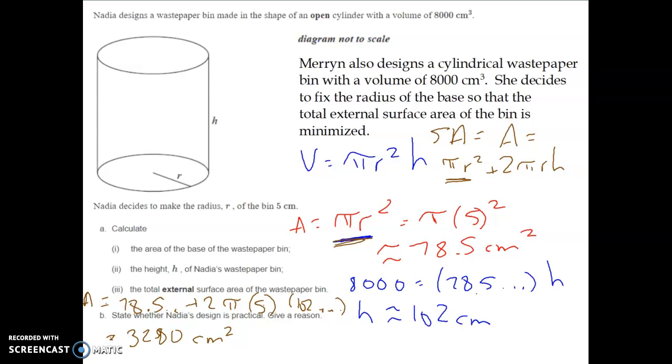Well, I know that there are 2.54 centimeters in an inch. We usually think better in inches than centimeters. So that means that the top of my waste paper basket is just under 4 inches, which is quite small. Probably not very practical. As you're shooting your paper in there, you're probably not going to make it. So I'm going to say no, it is not practical because it is too narrow.